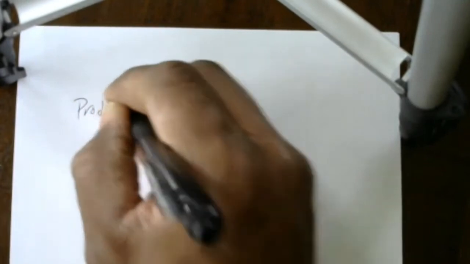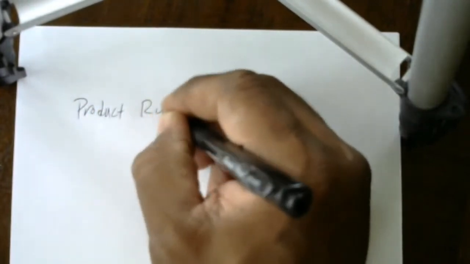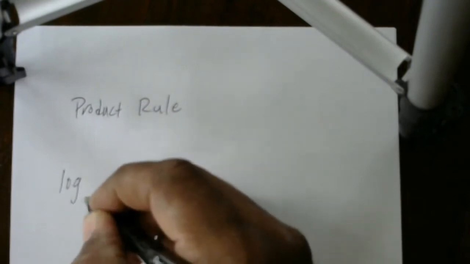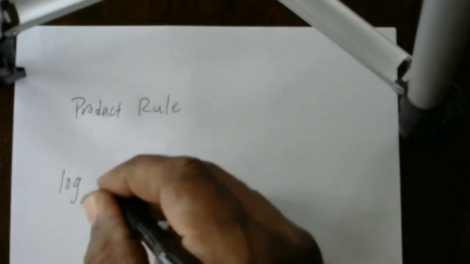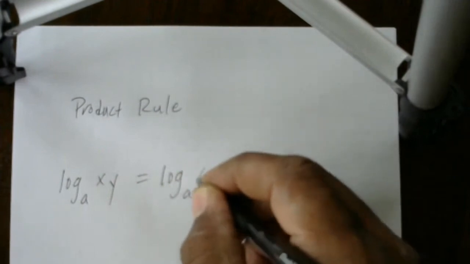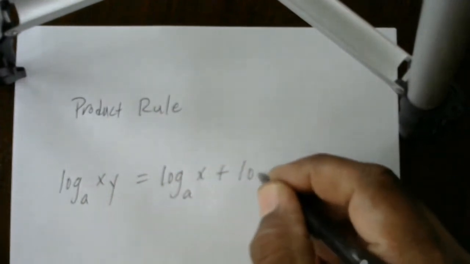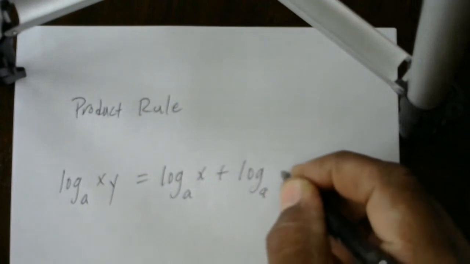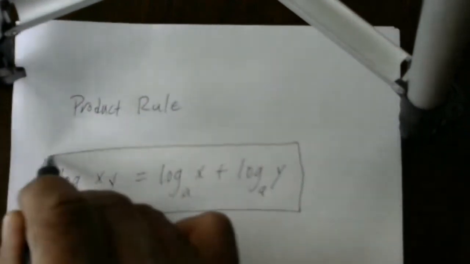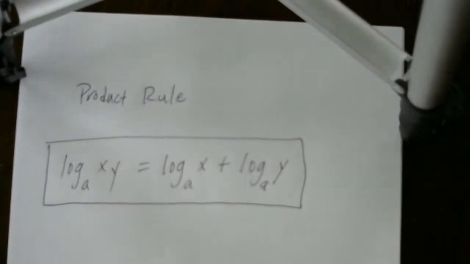And it says that the log base a of x times y is equal to log base a of x plus log base a of y. And since this is a formula, I'm going to put it into a box. So now I'm actually going to substitute in some numbers.